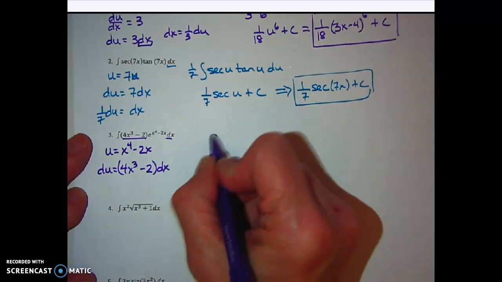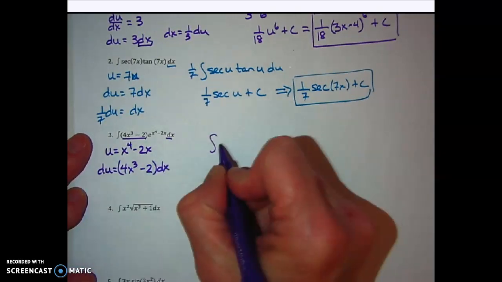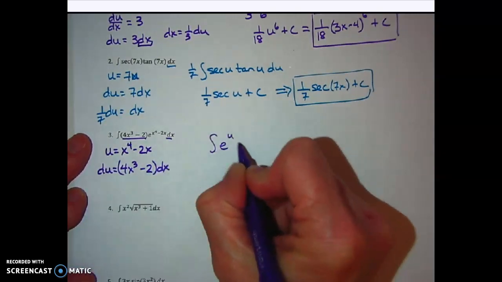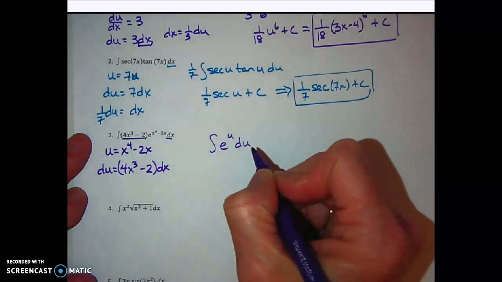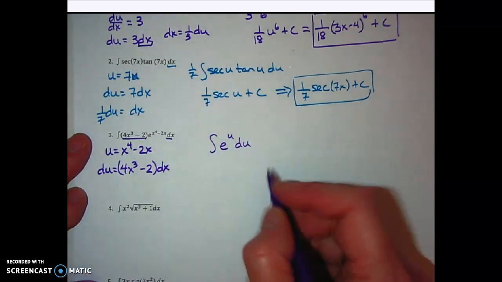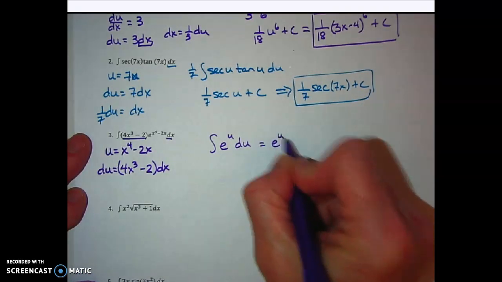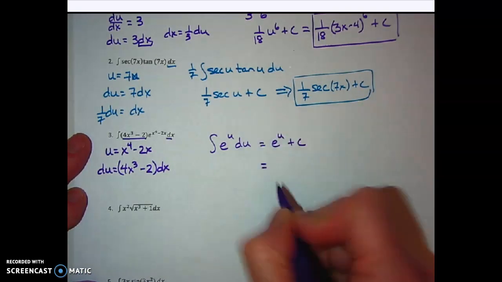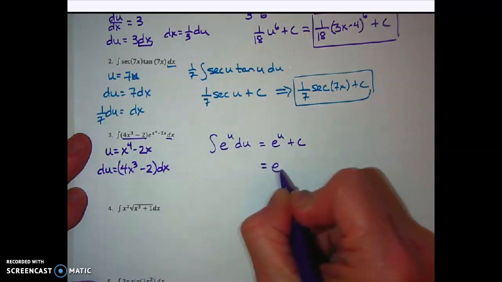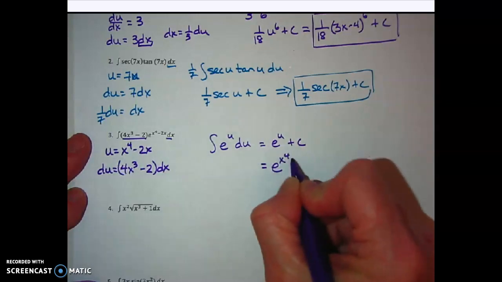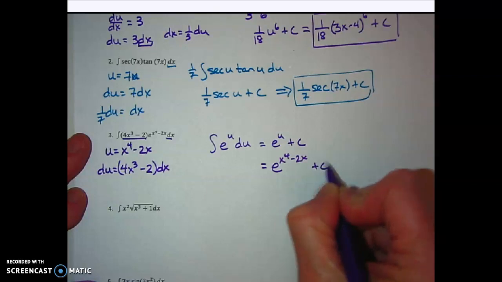So I can just go straight to my substitution. I have e to the u du. The antiderivative of e to the u is just e to the u plus c. And now I'm going to substitute back in. So e to the (x to the 4th minus 2x) plus c.